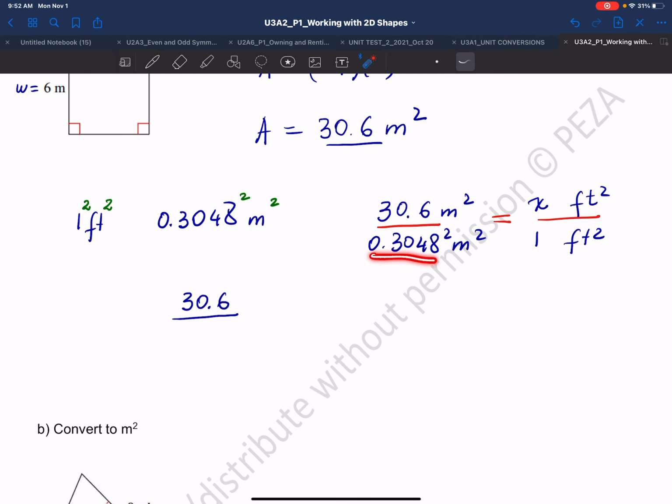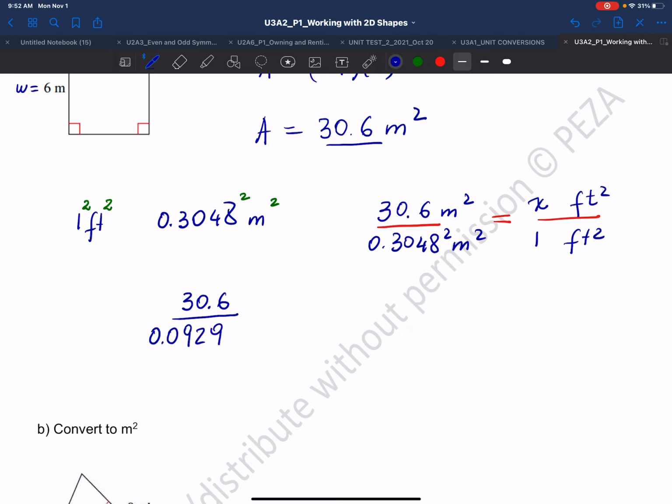Instead of 0.3048 squared, you can find or write the value of it. I would keep it in this form because it keeps the answer more accurate. And if you square it, then you will get a bigger number to write, or not a bigger number necessarily, but more digits I needed to use to describe this number.